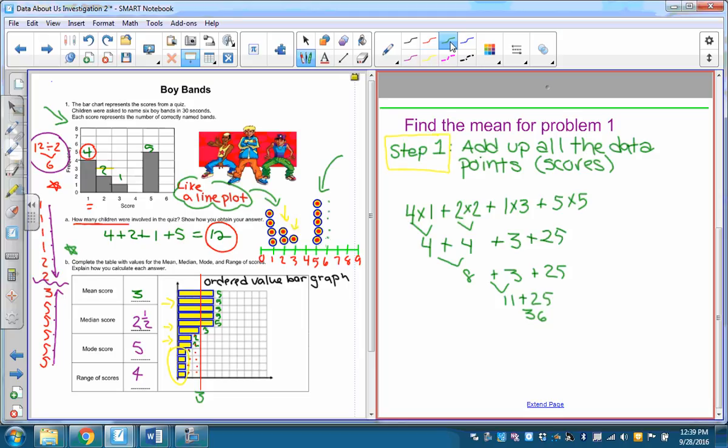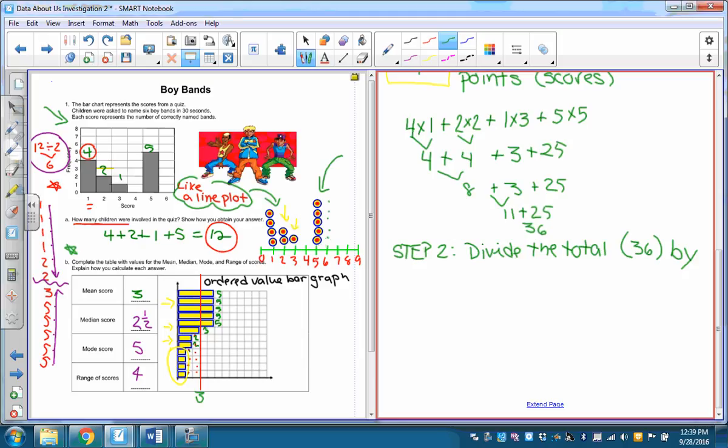Now step 2 is to divide the total. In this case, the total was 36 by, what'd you divide by? Right. Divided by the number of scores or students.